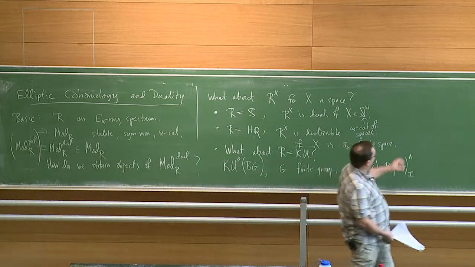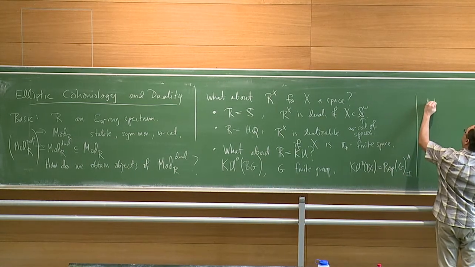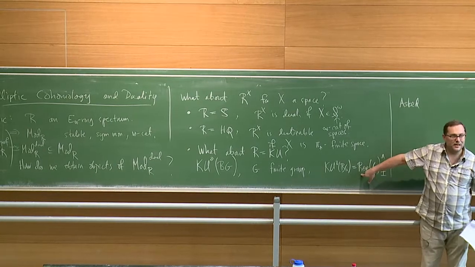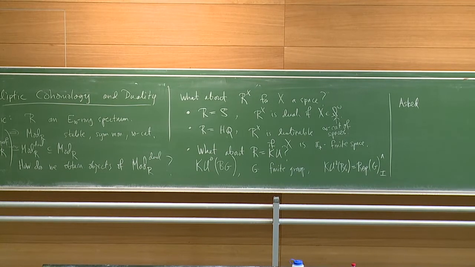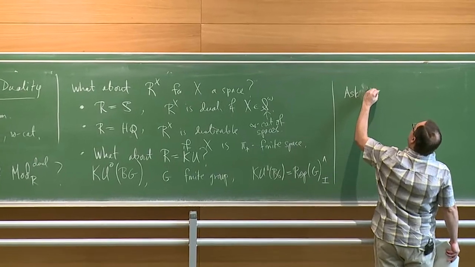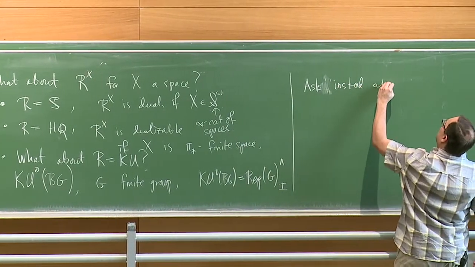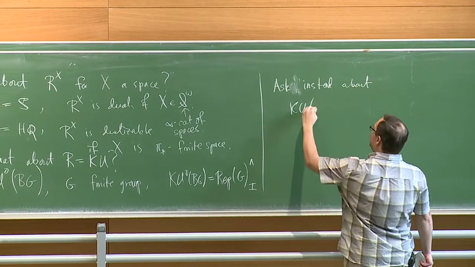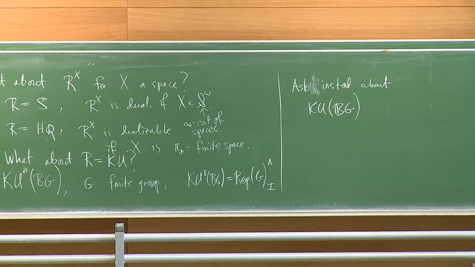But if we did the smart thing and instead asked for something that gave us the representation ring itself, then sometimes these are dualizable modules. Ask instead about KU of, well, let me write it like this to distinguish the stack.